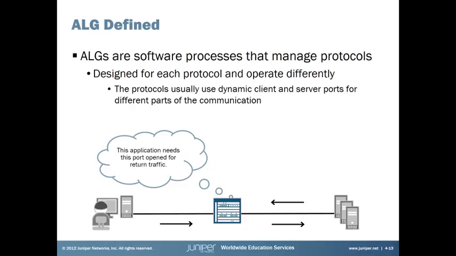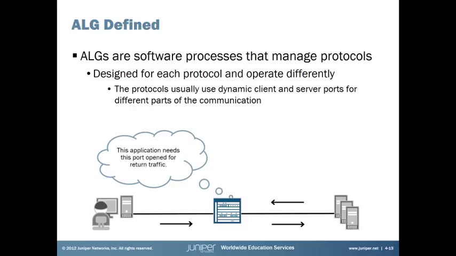So we have a problem in that by default we just left things to sort of work as they work. With our session table, we would not open up a return port for traffic coming in on port 20. This is where the application layer gateway kicks in. The application layer gateway recognizes the fact, this is FTP going out on port 21.